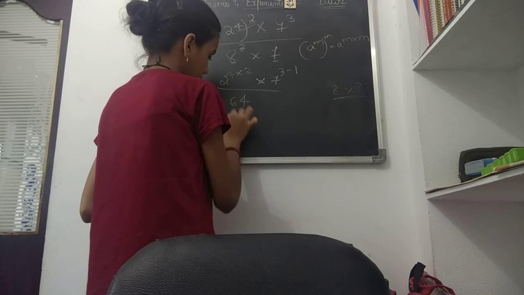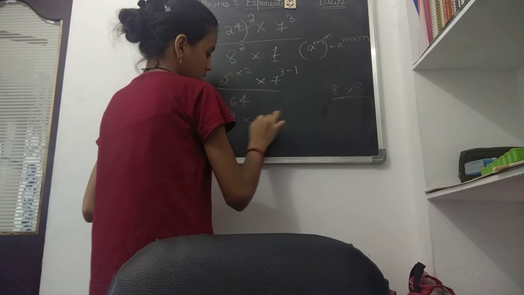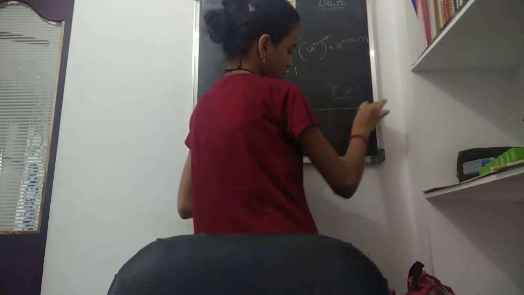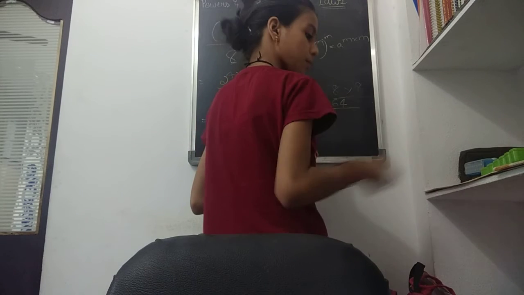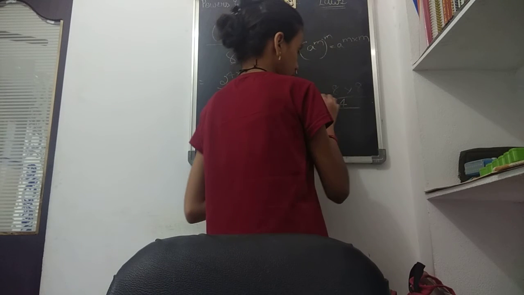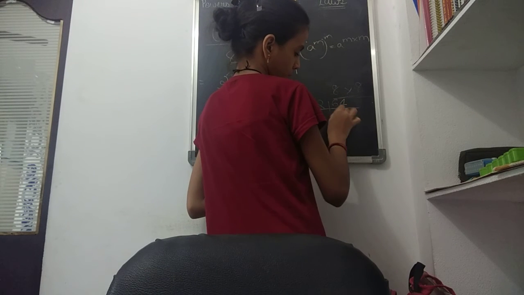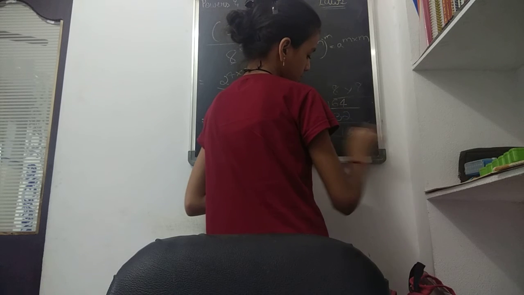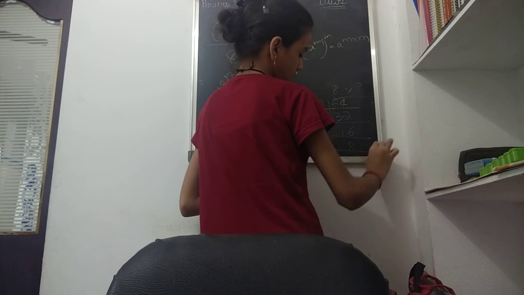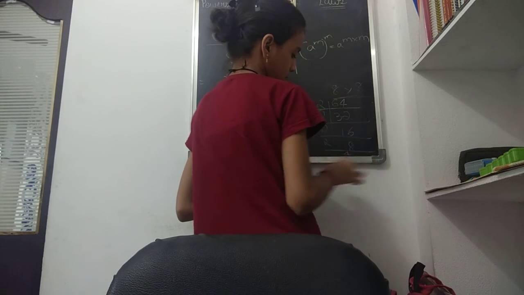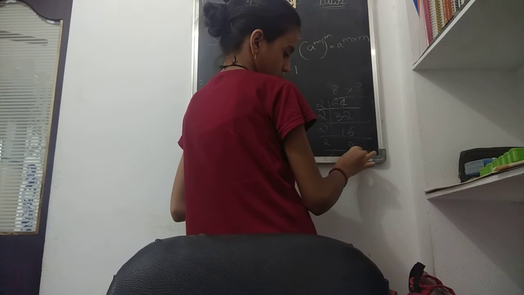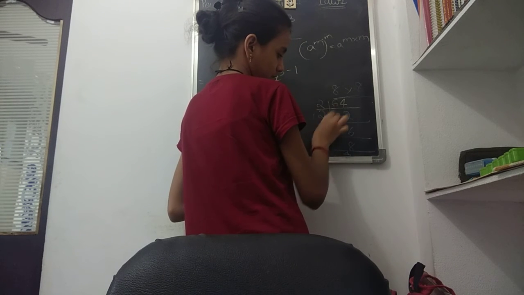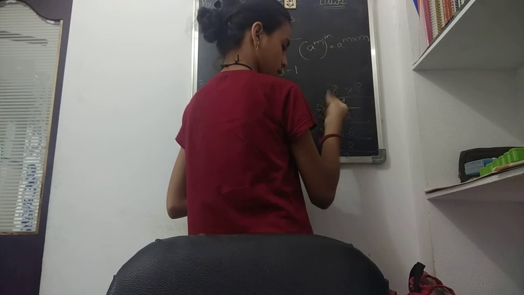And for the 2^8 into 7^2 part, we can take the LCM of 64 to solve it. 2 threes are, 2 twos are, 2 sixteens are, 2 eights are, 2 fours are, and 2 twos are. 2 twos are 4, 4 twos are 8, 8 twos are 16, 16 twos are 32. It's correct.